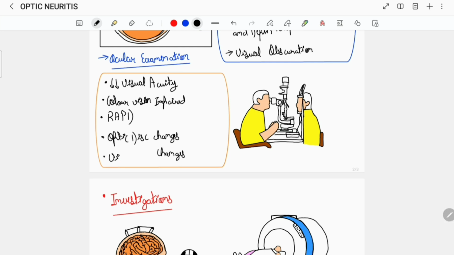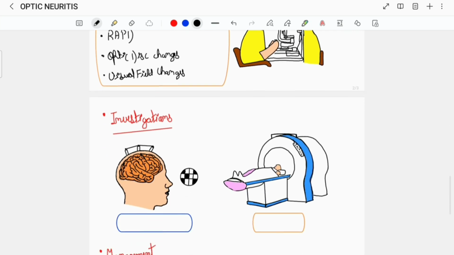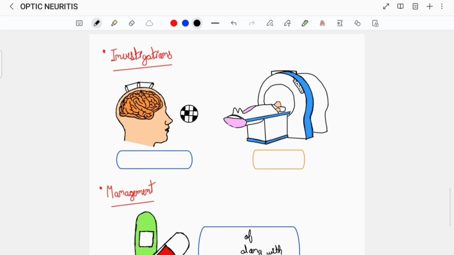And visual field changes, which can include development of scotoma. Investigations for optic neuritis can include a multifocal visual evoked potential and an MRI scan.